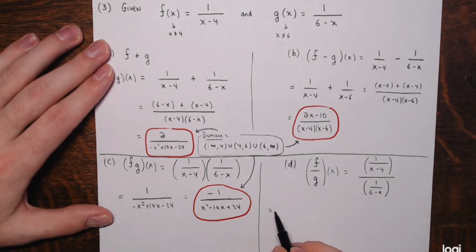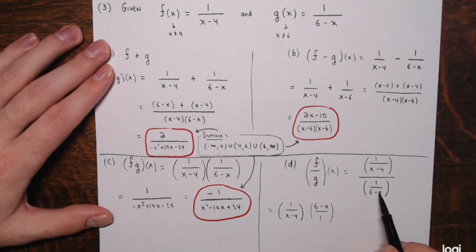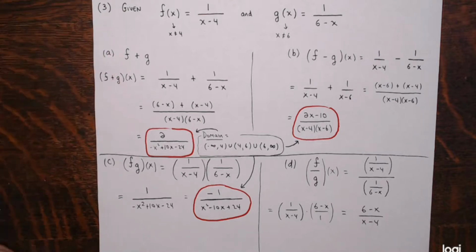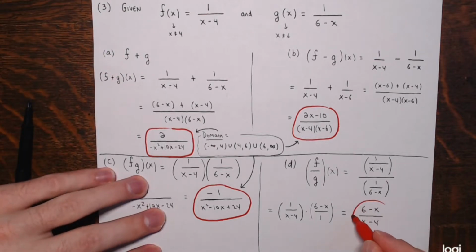So this is the same thing as 1 over x minus 4 times 6 minus x over 1. Right. Division is the same as multiplication by the reciprocal. And so the numerator, 1 times 6 minus x, is just 6 minus x. The denominator, x minus 4 times 1, is just x minus 4. And these don't have any common factors. This is as simple as it gets. The resulting function is 6 minus x divided by x minus 4.